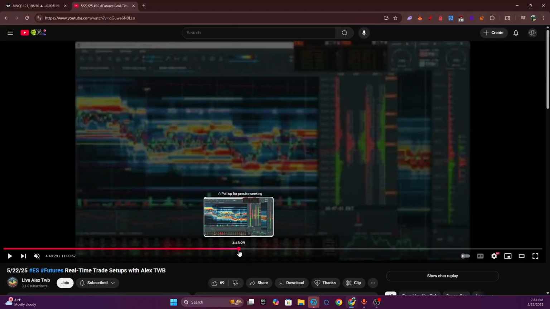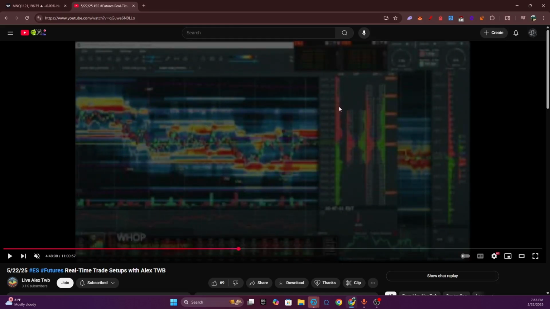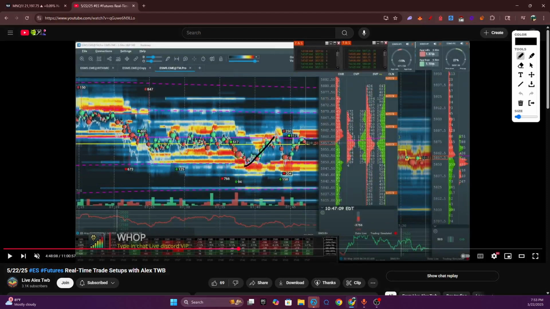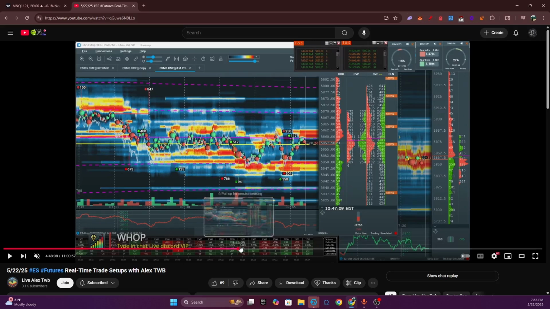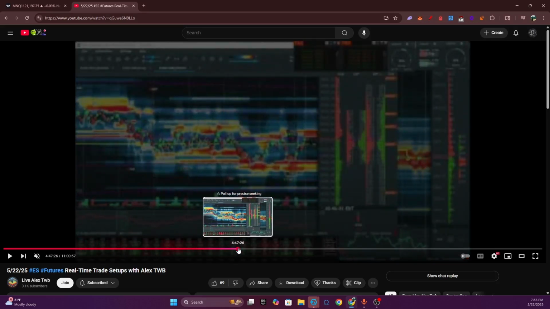Not a bad move at all, but it is not great because now what we're doing is simply moving from barrier to barrier to barrier, and that is not optimal market conditions.